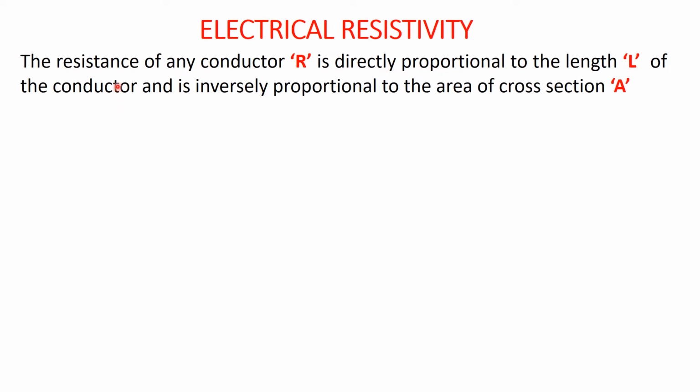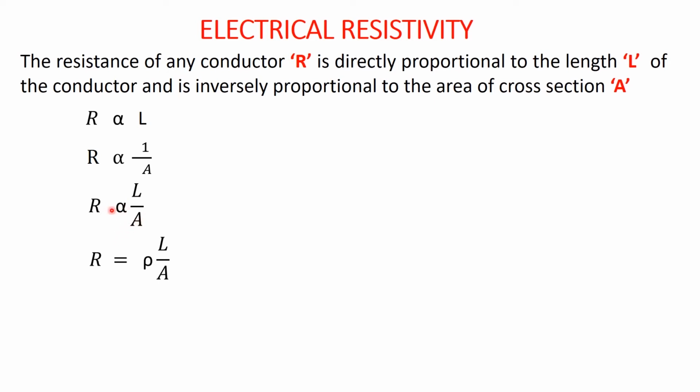And we saw that when the area of cross section is more, the resistance becomes less. So it is inversely proportional to the area of cross section A. So we can write R is directly proportional to L and R is inversely proportional to A. Now combining these two, we can write R is proportional to L by A.